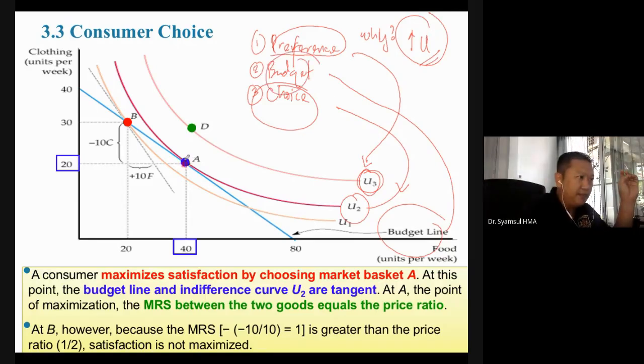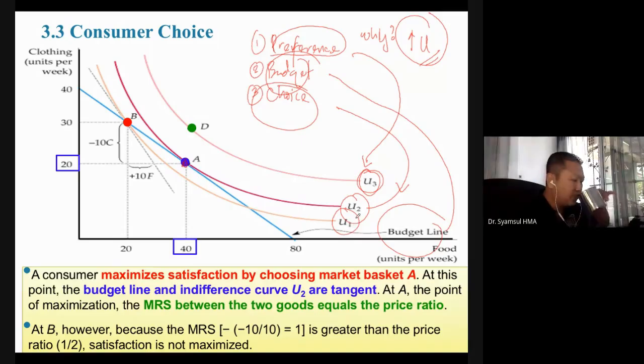They don't go for U1. Can they go for U1? Yes. But do they choose U1? No. Why?